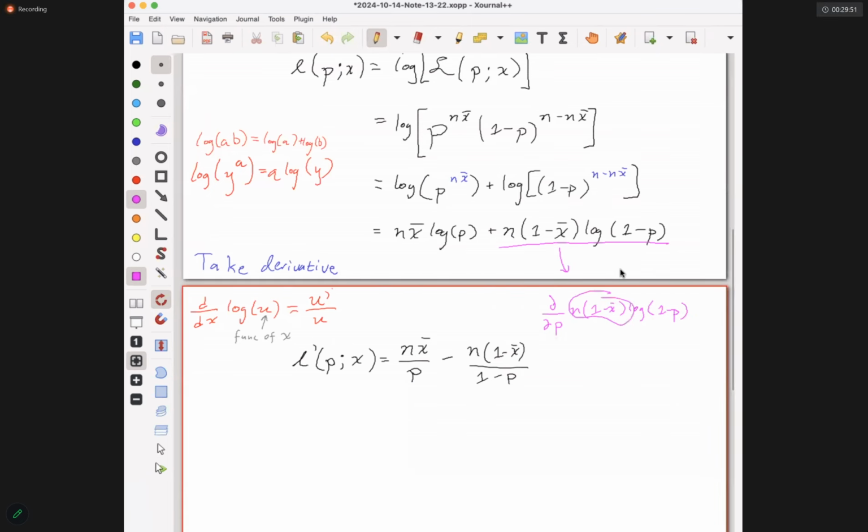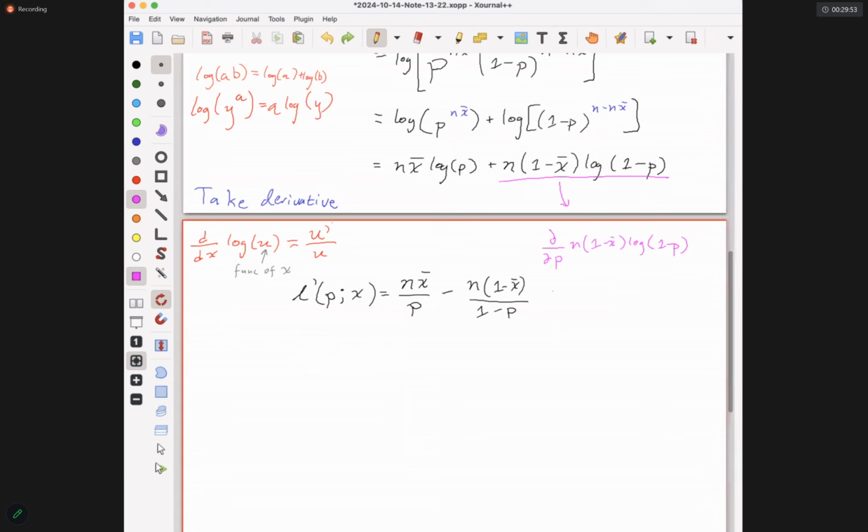This stuff has nothing to do with p, so it can come out to the front. So we have n times 1 minus x bar d/dp log of 1 minus p.